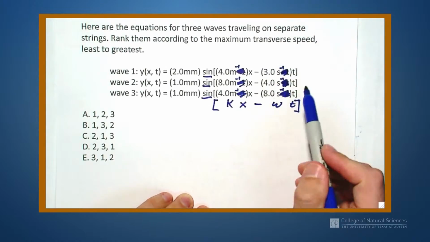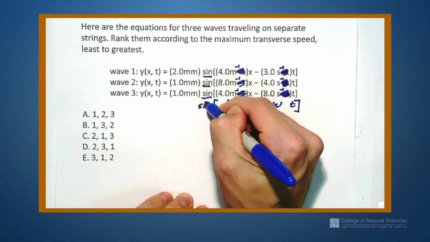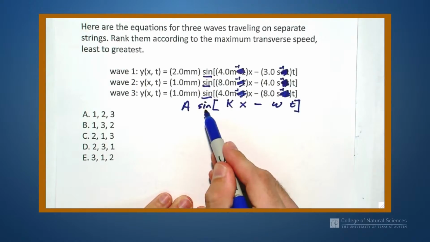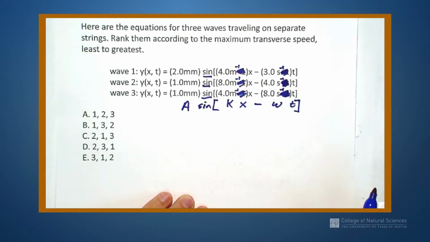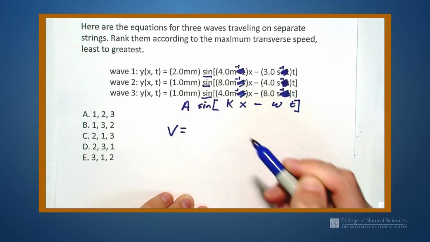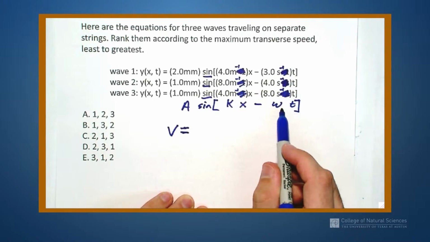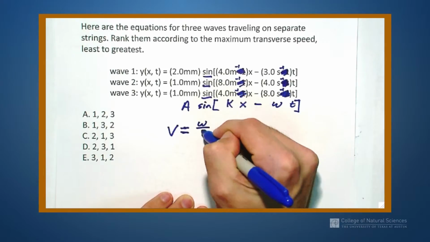Okay, so now that my equations match what yours are, I see that I have the form of a sine wave, some amplitude A sine of kx minus omega t. And if I think about this for a second, one of the forms of the velocity of the wave that I know of is omega divided by k.